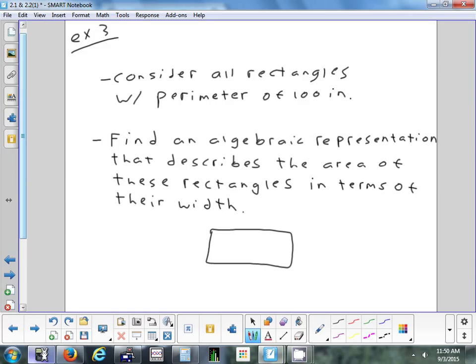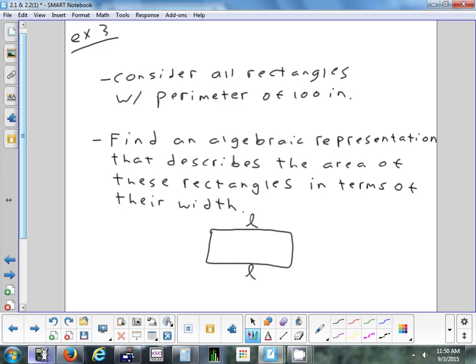Okay, what would be my first step here? Since we've already done it once. Mark the sides. Well, remember, how many variables did I use when I did it? Just one. So we're going to use one variable. You want to start with L or W? L. Okay. So length.